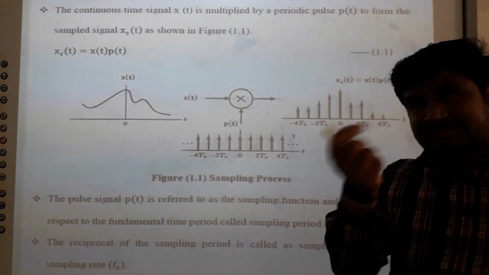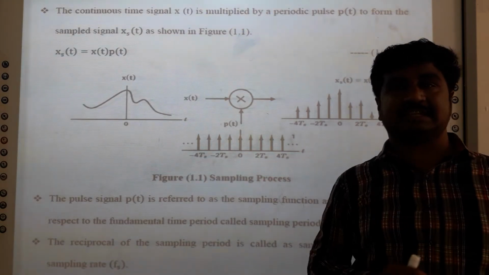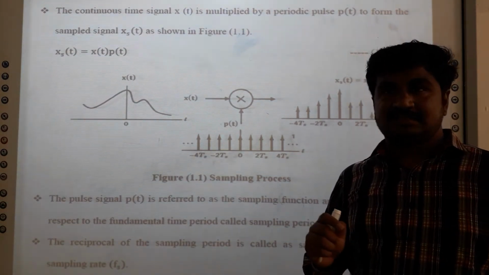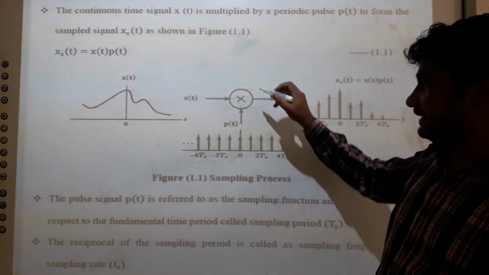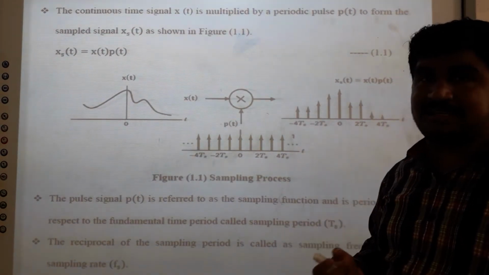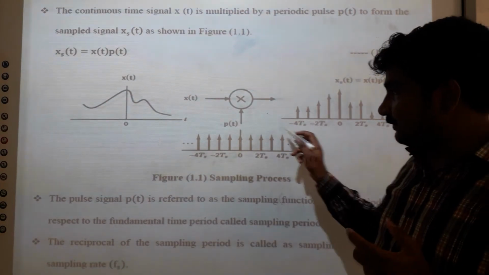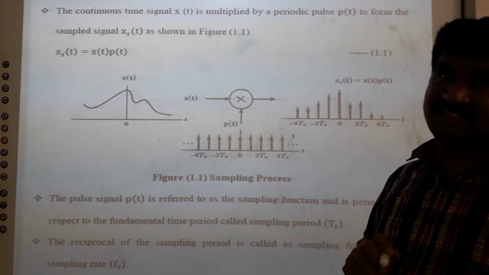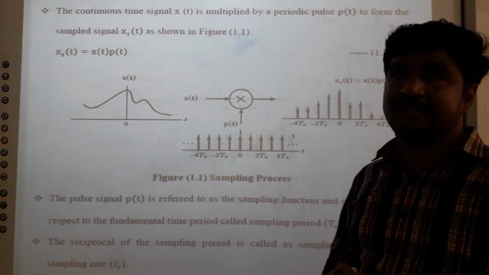So to pick up the samples from the analog signal, we may do a mathematical operation. That mathematical operation is the product, and the thing we are going to multiply with the analog signal is the pulse train, or we can simply call it an impulse train.